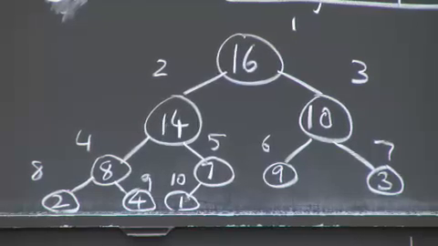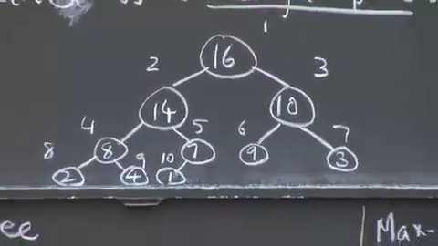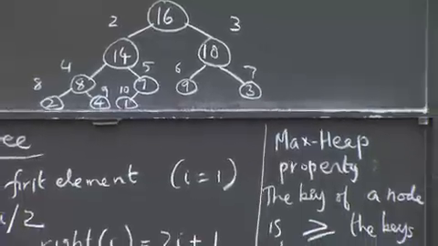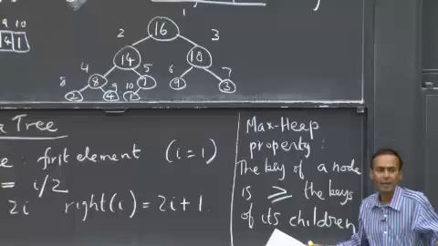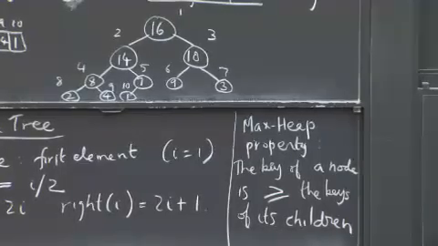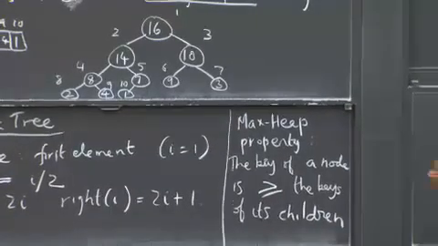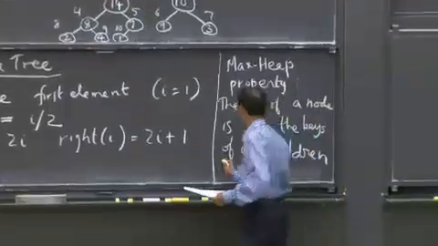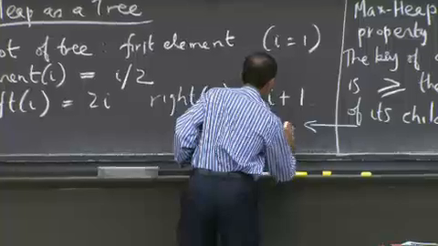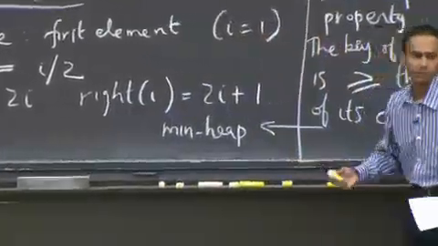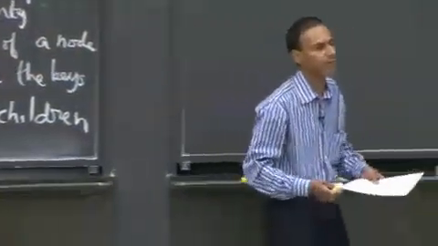The parent is greater than or equal to either of its children or its only child in the case of node 5, and so you have the max heap property. Right? So fairly straightforward property, and you can imagine defining the min heap property in an equivalent way. All right? Just replace the greater than or equal to with less than or equal to.